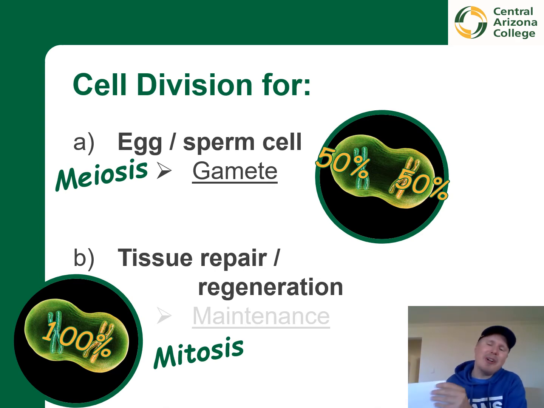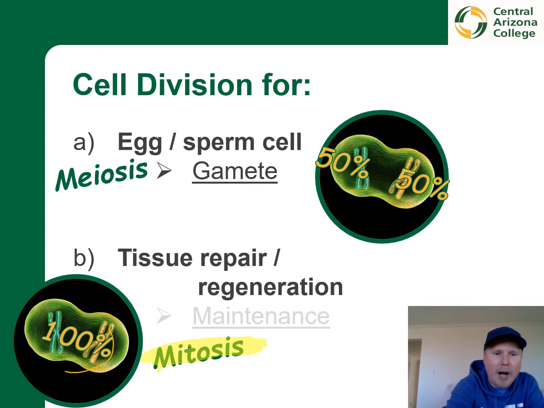Well, the other kind of cell division that we will see everywhere else in the body is going to be mitosis. In mitosis, the amount of DNA is 100% in all of the cells.